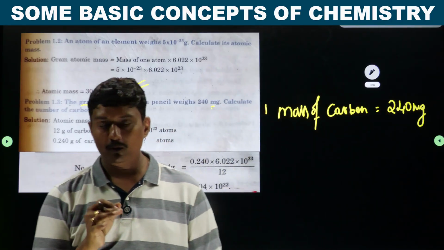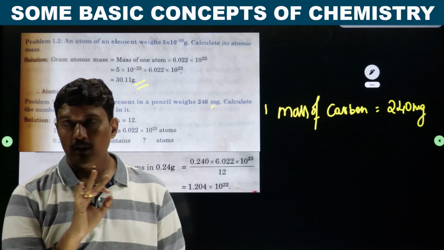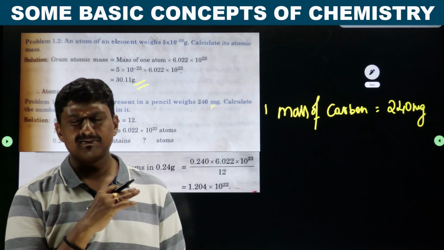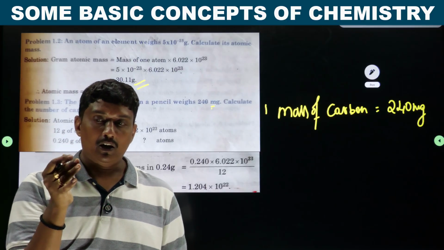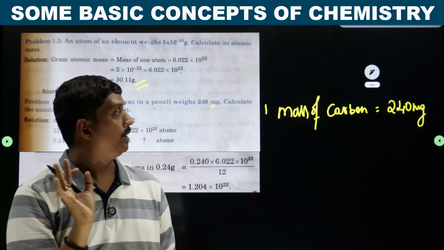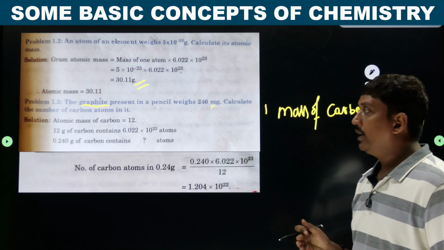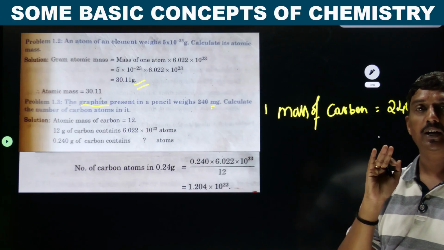Always, up to now, see, we have taken only grams. We have not taken nanograms, picograms and deci, deca, hepta, nothing. We have taken only grams because we are expressing atomic mass, molecular mass in terms of grams only. But here milligram is given. So, what should we do? It should be converted into grams.